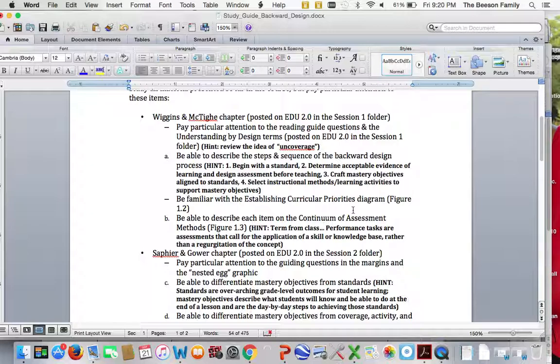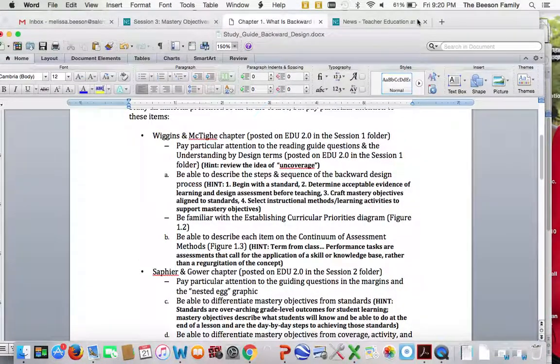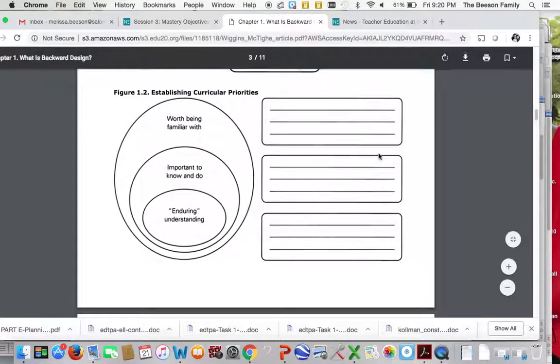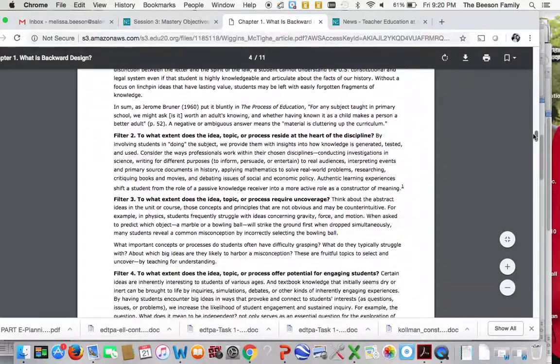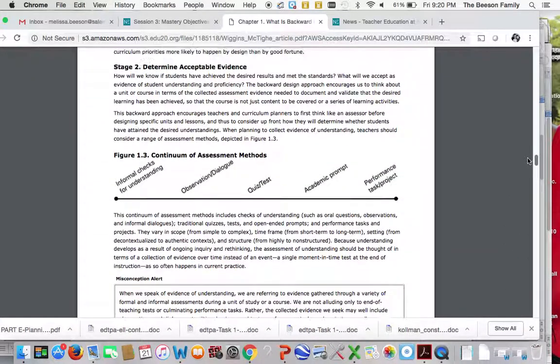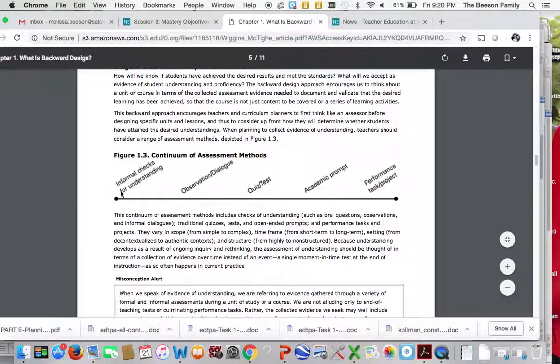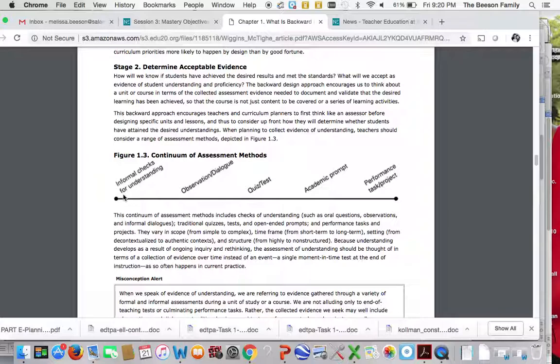The continuum of assessment, I said hint, make sure you pay attention to performance tasks. If you look at the continuum of assessment, that is a little bit further down in the article right here. The authors say that these go from more simple on the left side to more complex on the right side.